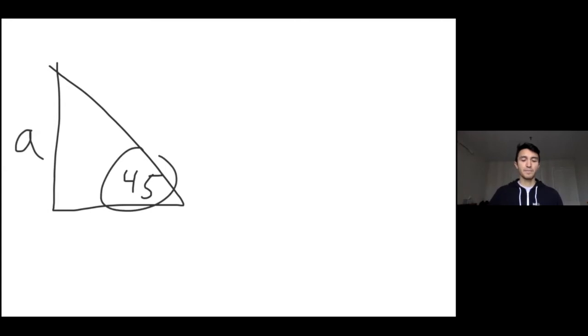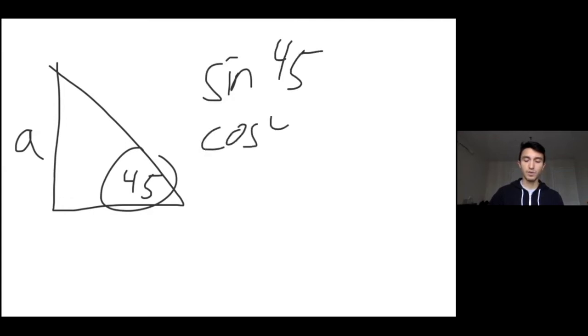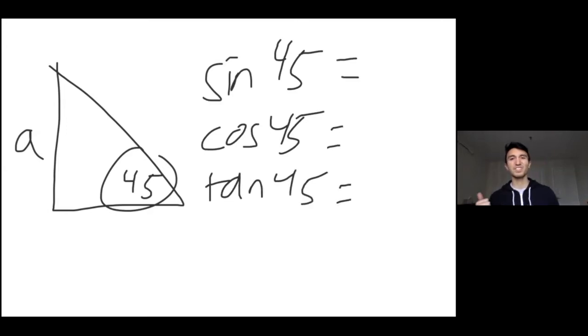Well, based on what you know about the unit circle, sine 45, cosine 45, all of these, you can get from the unit circle. So now you're just using sine, cosine, tangent.